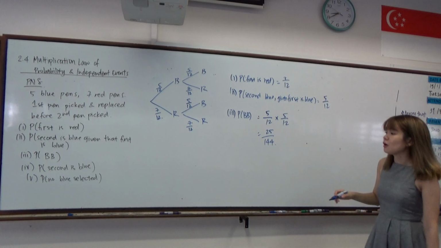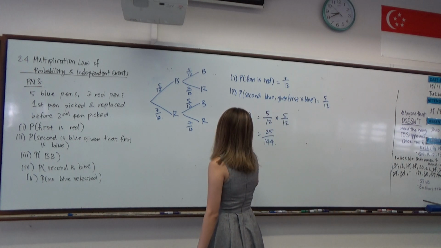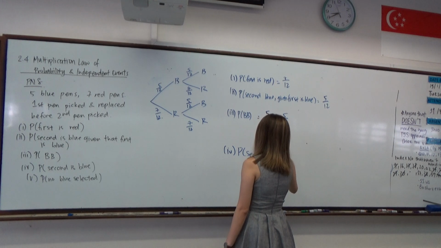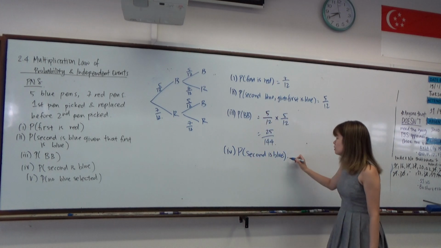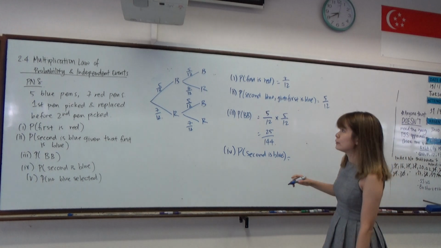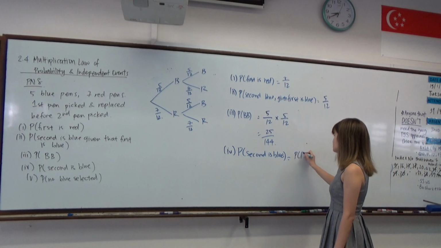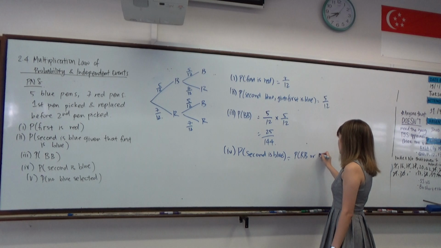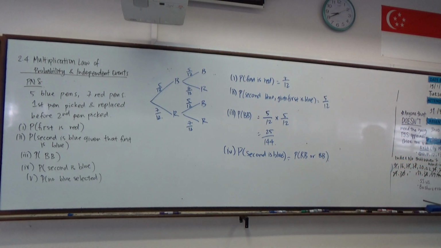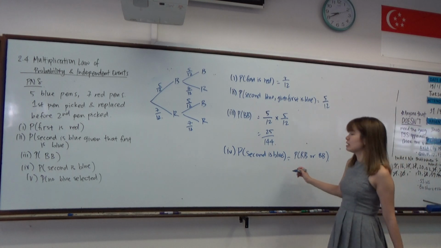Then after that, part 4, we want to find the probability that the second one is blue. Okay, so we consider the two cases of red blue or blue blue. I'll explain later on why it's better to consider it in such a way when we explore dependent events.